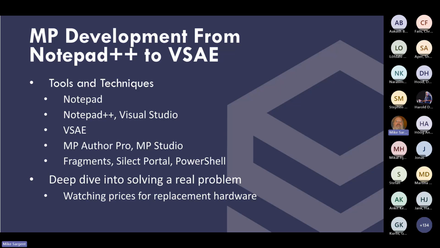We'll also be discussing fragments and how they fit in with the Silect portal and what you can actually do with PowerShell. Once we've gone through all of that, we're going to do a deeper dive into solving a real problem. And as all of you would know, SCOM is really good at monitoring computers and applications and systems, etc. So I was looking for something different to do this time.